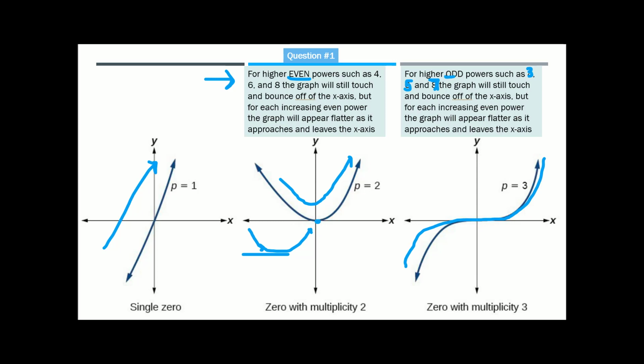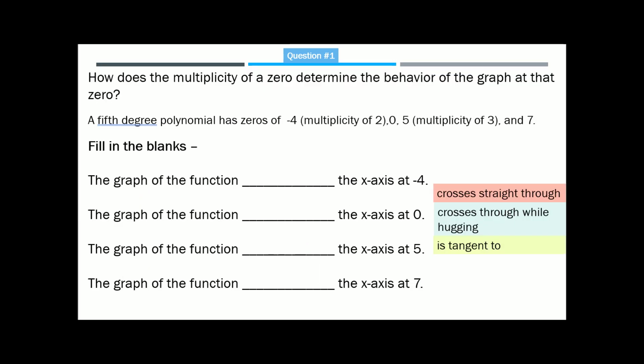Okay, so let's see if we can fill in the blank with those 3 things that happen. The graph of the function does what at the x-axis at -4? -4 has a multiplicity of 2. So it's going to touch and it's going to bounce, and it'll flatten out as that number gets bigger.